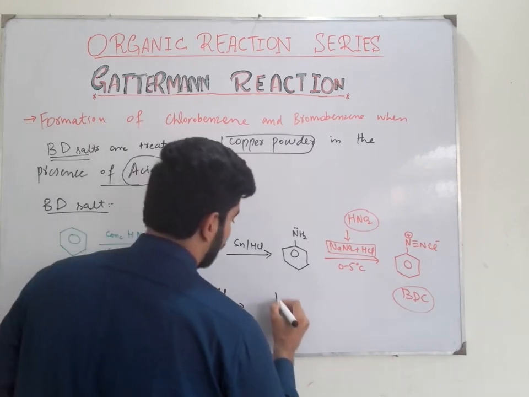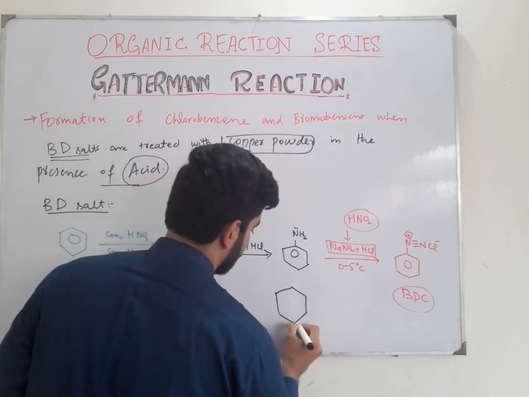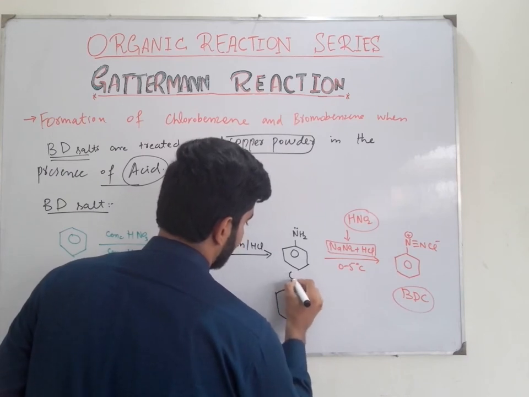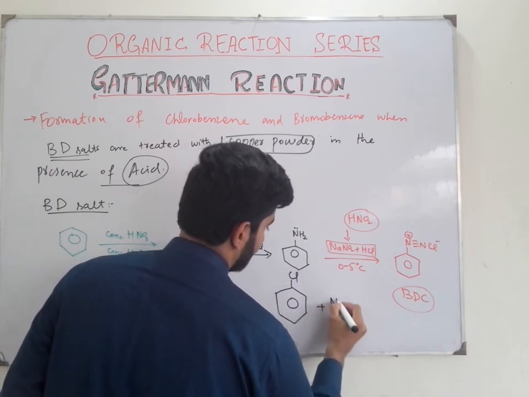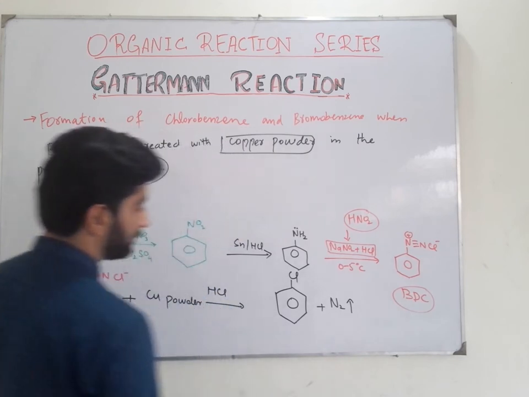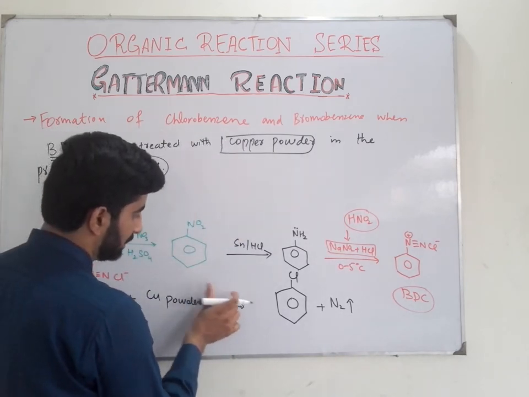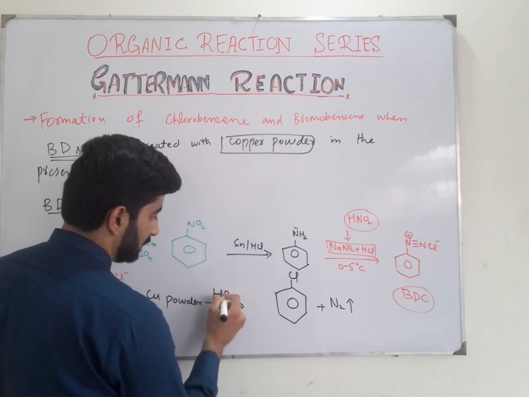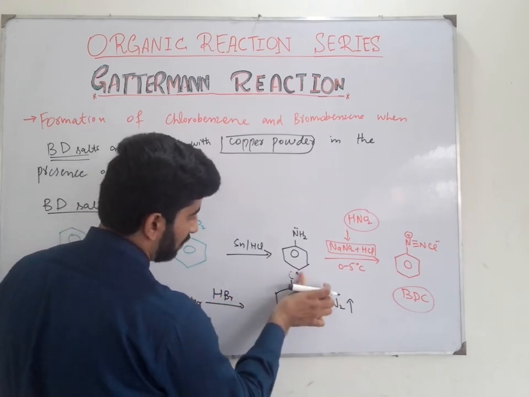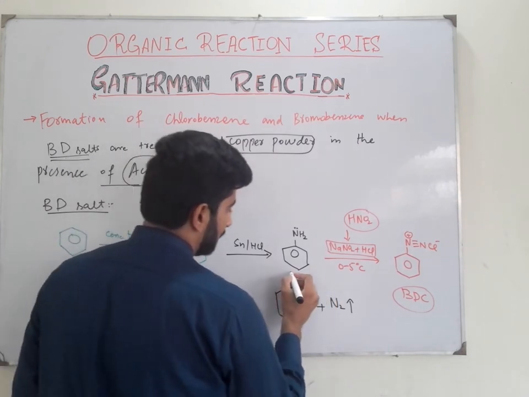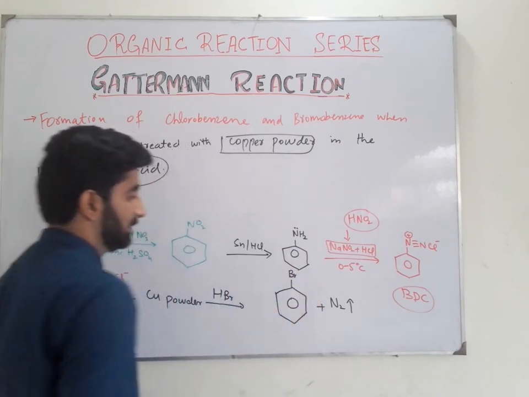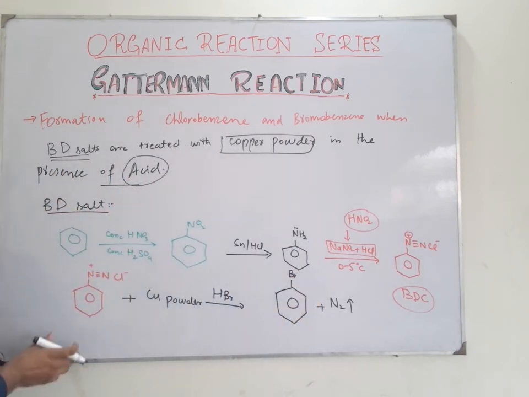Then chlorobenzene is formed and nitrogen gas evolves. If we use hydrogen bromide, then bromobenzene is formed instead of chlorobenzene. This is the Gattermann reaction of diazonium salt.